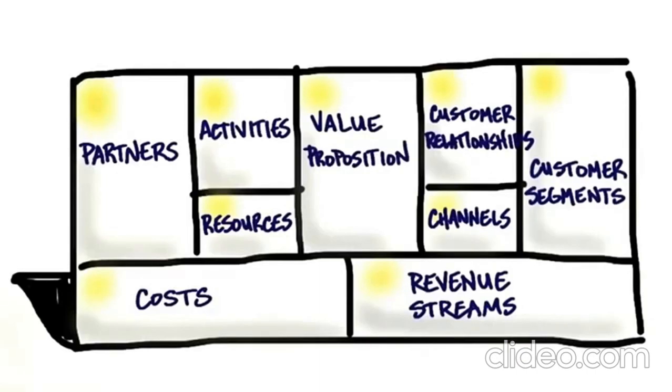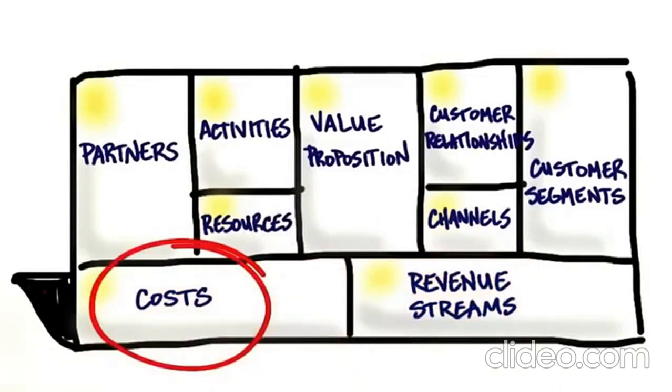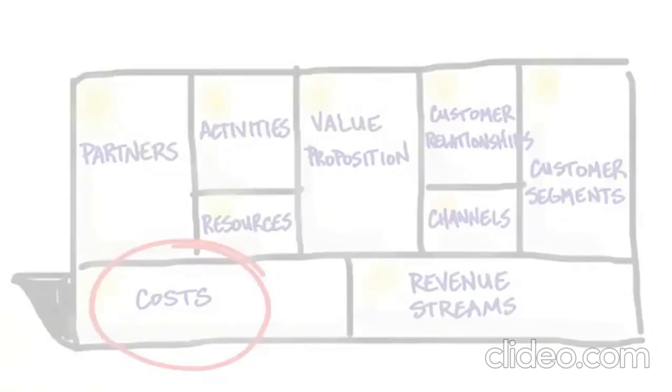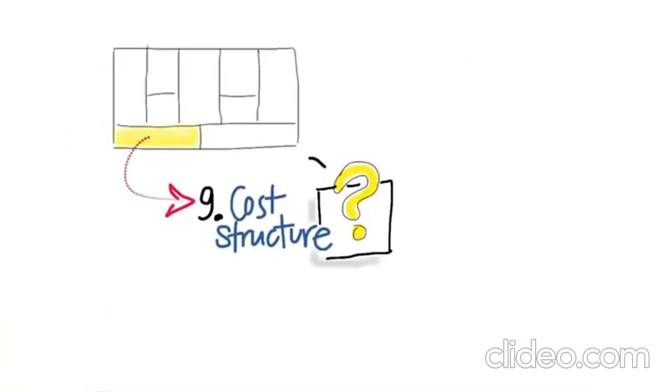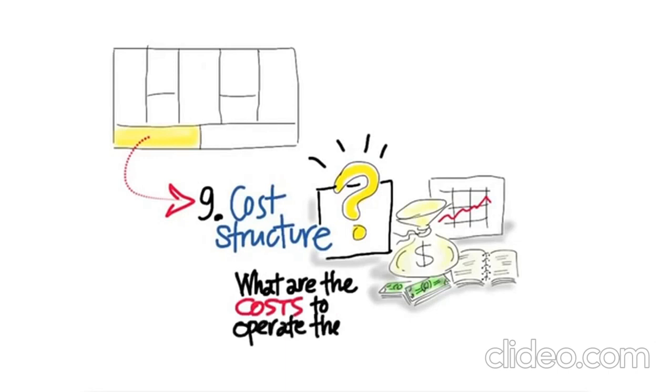And then finally, all this adds up on the left-hand side over here to costs. What are the costs and expenses to operate the business model? One of the interesting things about cost is it's not just the obvious ones like people or buildings or materials. What you're really going to be asking are what are the entire costs to operate our business model?